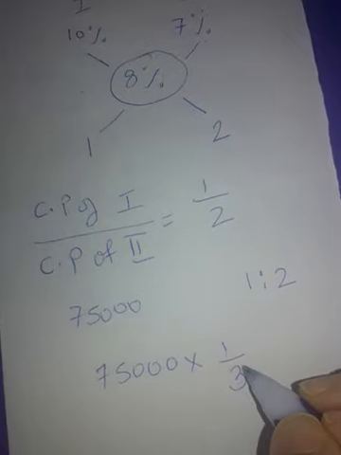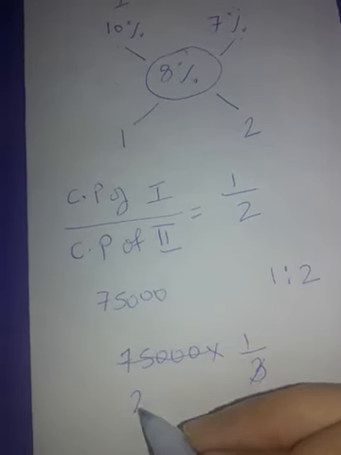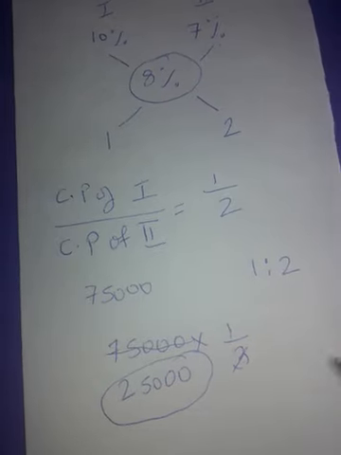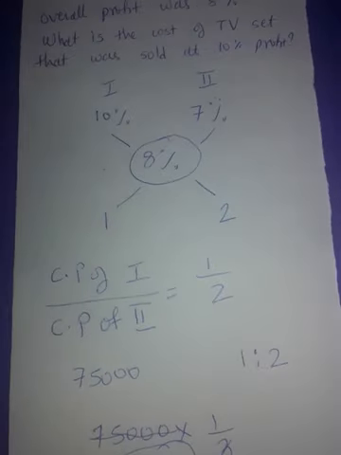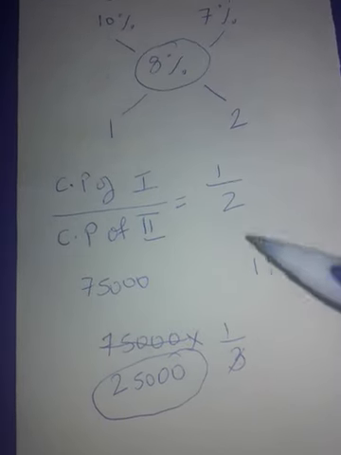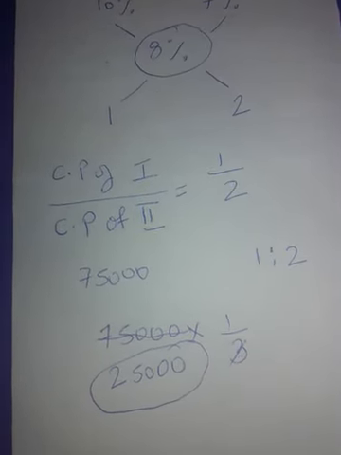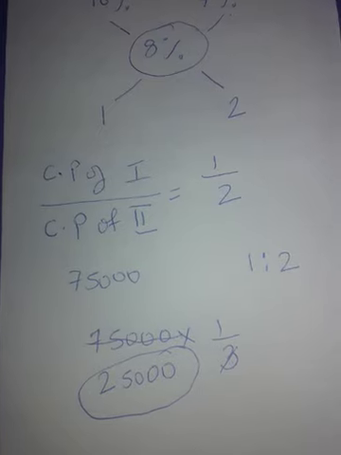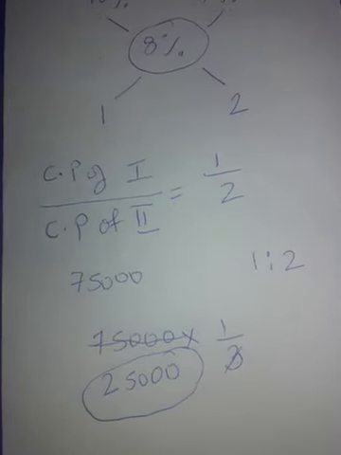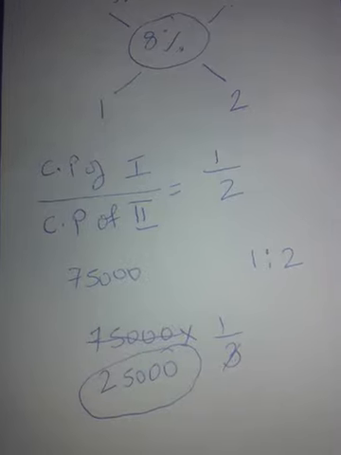So 1/3. 25,000 is your answer. With alligation rule, you save many minutes and no fraction, nothing. It becomes very easy to solve. No percentage, no fraction, nothing is required. In few seconds you can solve this.